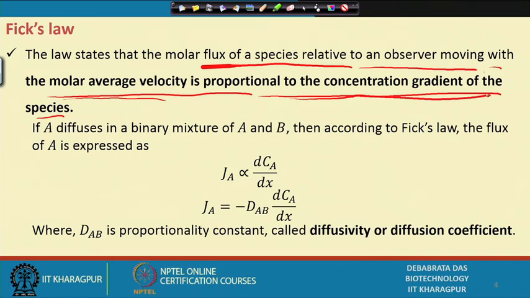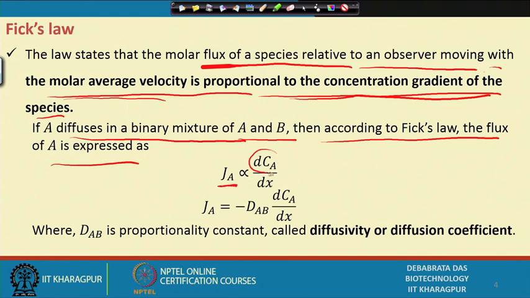the species. Now let us take the example where A diffuses in a binary mixture A plus B. According to Fick's law, the flux of A can be expressed like this: J_A is proportional to the concentration gradient, dC_A by dx, where x is the distance.